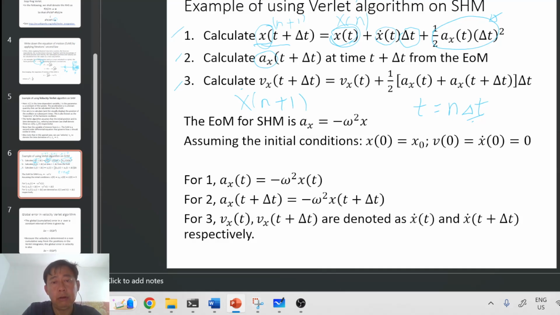So the x dot, or the velocity of the particle at the next time step, again depends on the previous velocity and is added with the average of the accelerations in the previous time step and the next time step, multiplied with delta t. So let's see how we do this one by one.